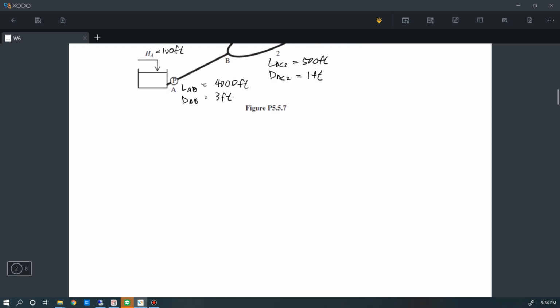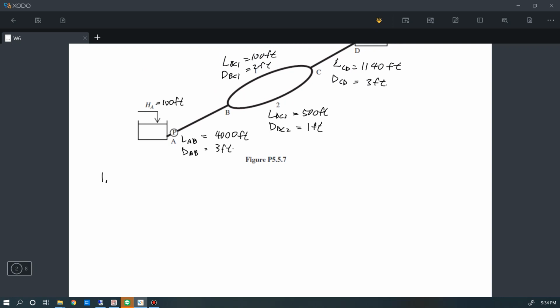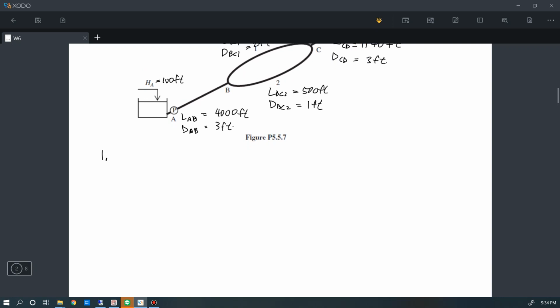So let's do that. First, we want to find the equivalent pipe to replace branch 1 and branch 2. So we simply set the diameter of this new pipeline equal to 3 feet.